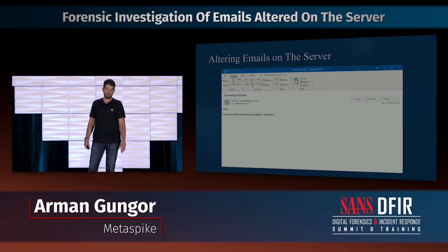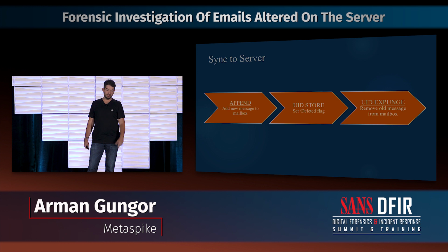But what happens when you let Outlook go through the send and receive cycle? So if you let it sync with the server, it does this. If you capture the network packets with something like Wireshark, for example, and take a look at what it's doing in the background, it issues a few commands back to back. First, it issues an IMAP append command. So the append command is something you would use to add a message to one of the folders in an IMAP server.